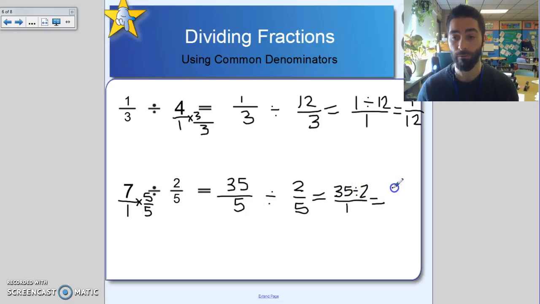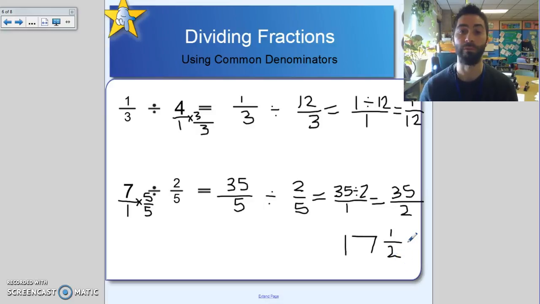So 35 over 2. Now that is an improper fraction, so I could rewrite that as a mixed number, and 2 goes into 35 17 times with a remainder of 1 over our original denominator 2. So 17 and a half is 35 over 2. Okay, so that's how we divide.